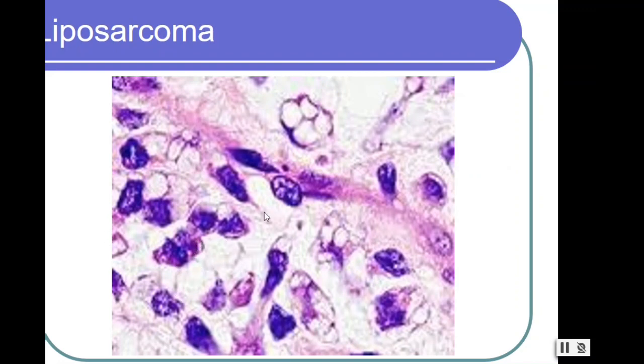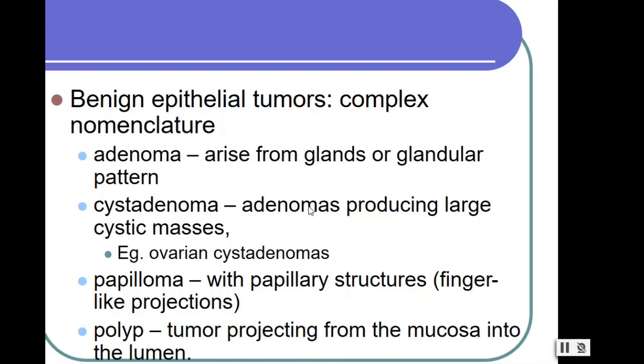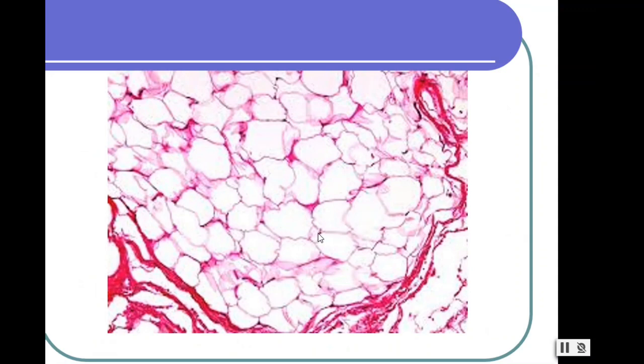So, that is one way to differentiate a benign from a malignant. This is malignant because it's difficult to distinguish from a normal adipose cell. Compared to this one, almost similar. So benign is similar to the normal, malignant is far from the normal.